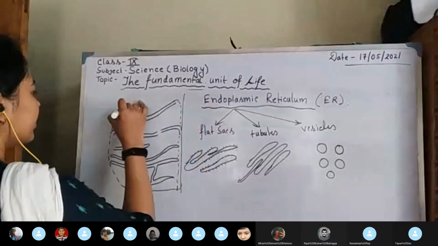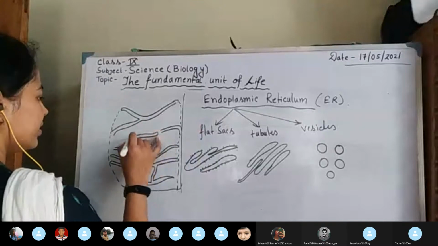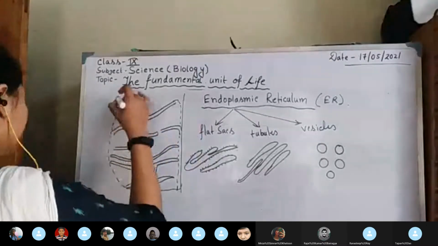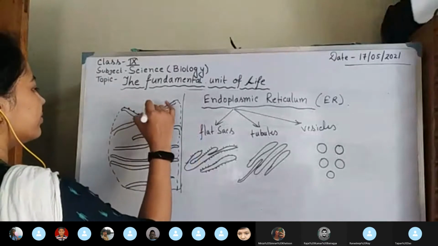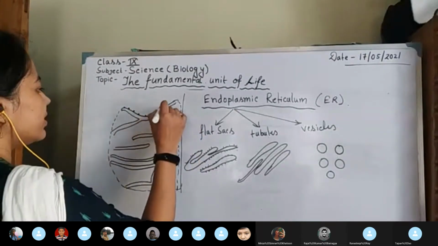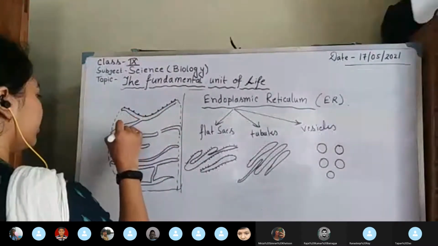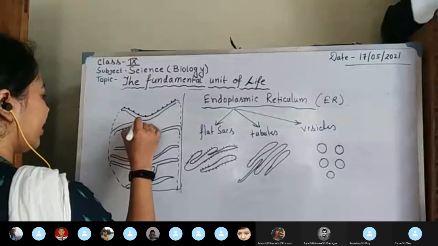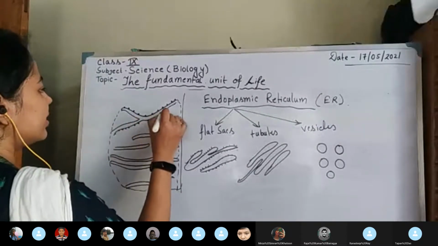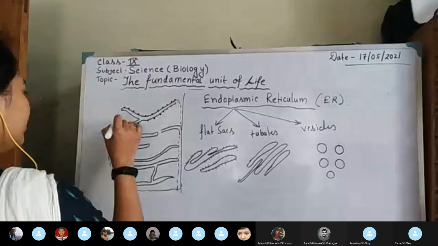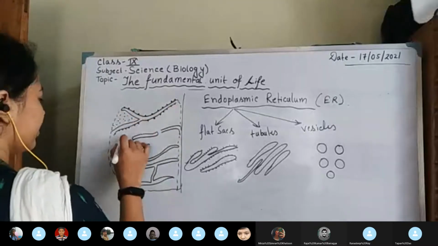Now, these are sac-like structures, tube-like structures. This tube-like structure is provided with things like ribosomes. As you know, the endoplasmic reticulum where ribosomes are present is known as rough endoplasmic reticulum. And there are some granules present here and there.